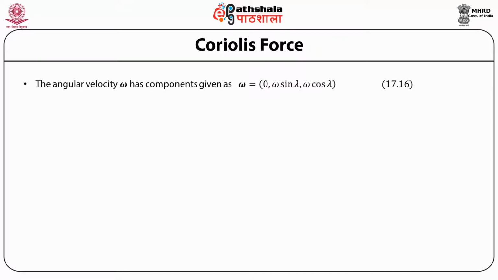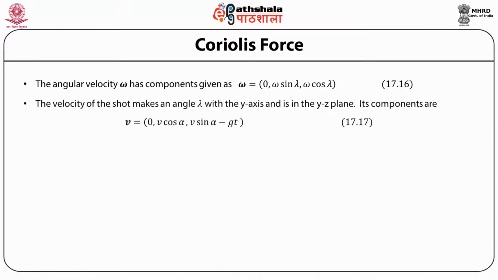The angular velocity omega has components along these three axes: the x component of omega is 0, the y component is omega sine lambda, and the z component is omega cosine lambda. The velocity of the shot makes an angle alpha with the y-axis and is in the yz plane.